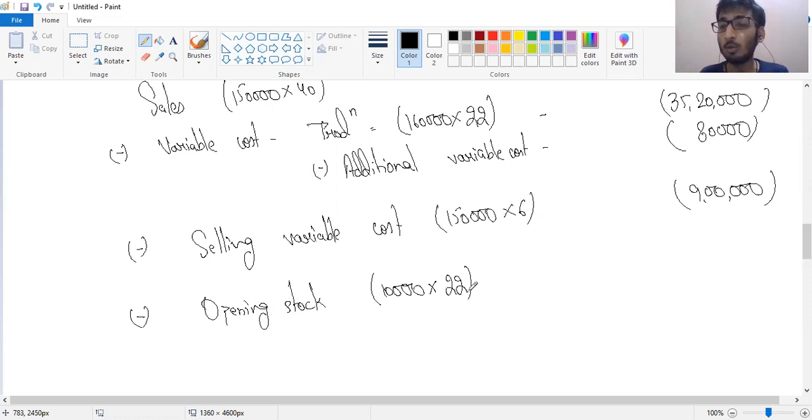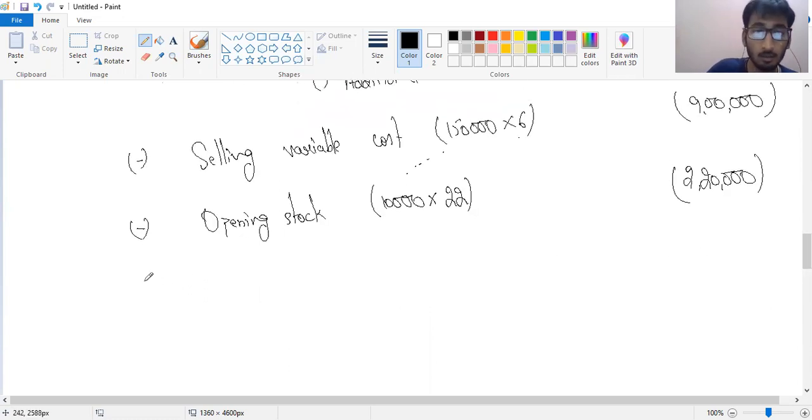Opening stock was in my stock at the opening, so only production cost happened on that material. Probably it got sold, but if so, it has already been considered here. So the opening stock cost would be 2,20,000.